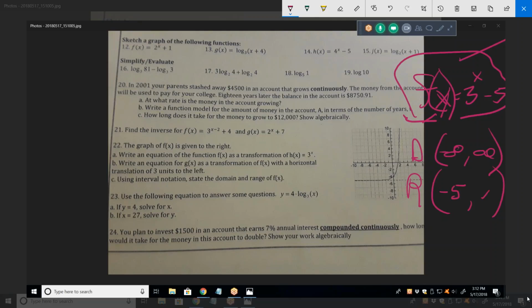Parentheses or a bracket that goes on the left? Parentheses. Correct, because it never can be -5. It never gets to -5. No matter how far to the left I go on the x-axis, my range just approaches that asymptote. It never actually hits there. There's no value of x that will make this value be -5.